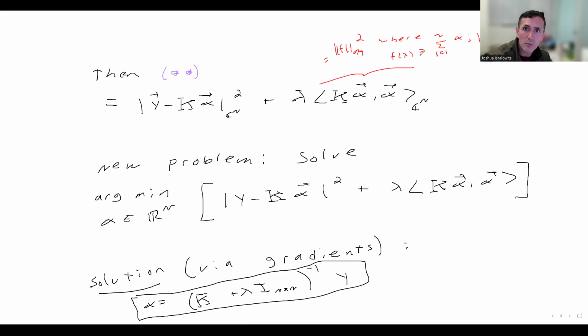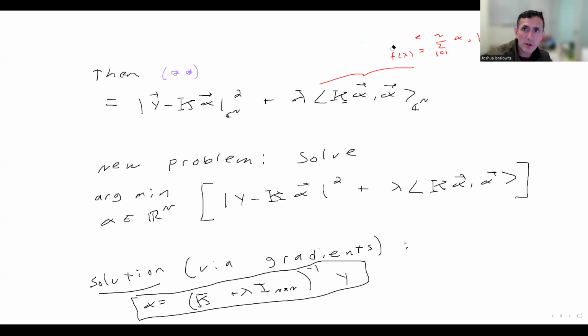In particular, we don't really care. All we care about is that this is non-negative, bigger or equal to 0. This is always non-negative because it's the norm squared of something.